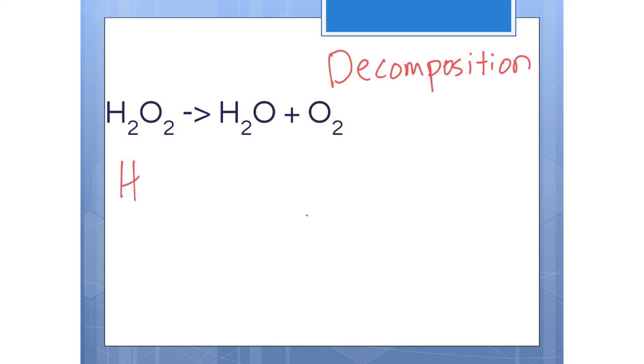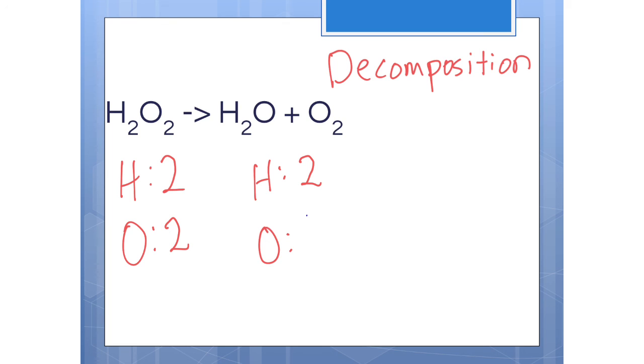We have hydrogen. We have oxygen. Over here we have hydrogen, and we have oxygen. Okay, so on the reactant side, we have 2 and 2. On the product side, we have 2 hydrogen. And now we have oxygen in 2 separate areas. So what we need to do is add up all of the oxygen on the product side.